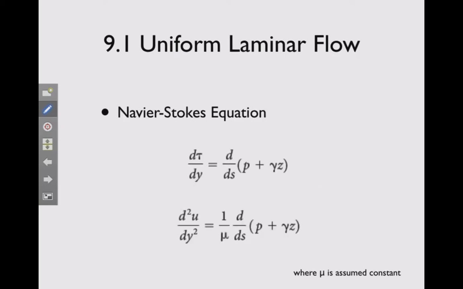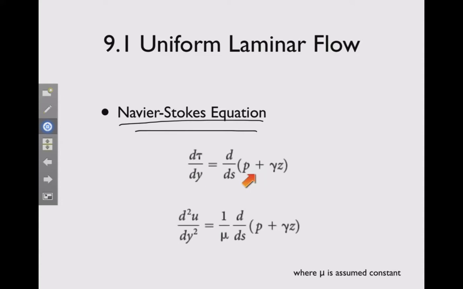And so these sum to zero, and these produce what's called the Navier-Stokes equation, which is an extremely important equation in fluid mechanics. Putting these all together and canceling out the delta S and delta Y's from the previous equations, we get d tau/dy is equal to the change along the path of just P plus gamma z.